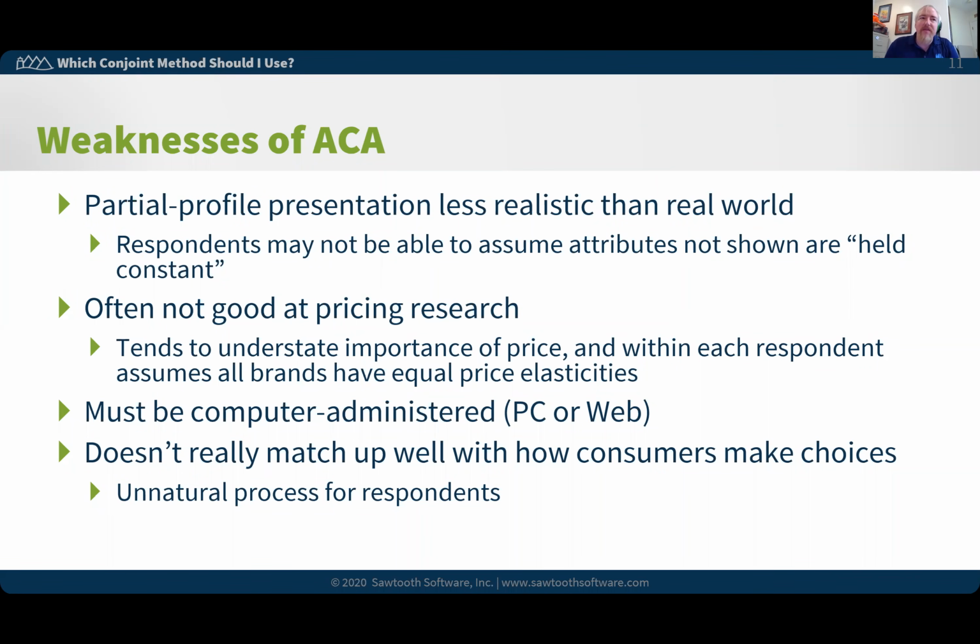Another thing is, even if there's not interactions between things, respondents, if we're not showing all the attributes, they may not be able to assume, like we are, that if the attribute isn't shown, then it's constant across the products. So if I show you 2 computers and one of them's got a really high price and one of them's got a really low price, and the only other thing that's changing is the brand, I might look at that and say, oh, but there's no way that would be all else equal in the market.